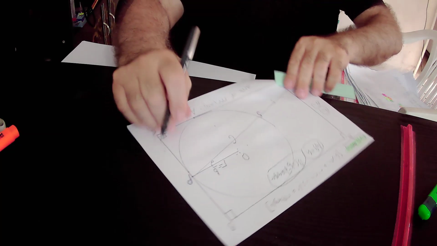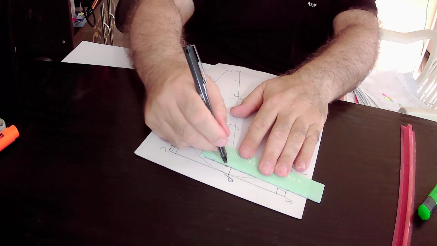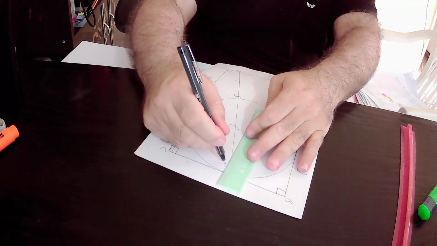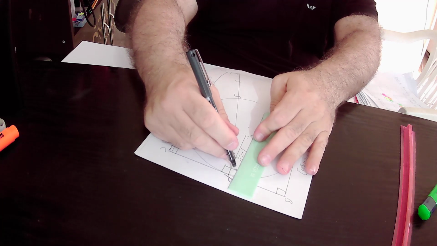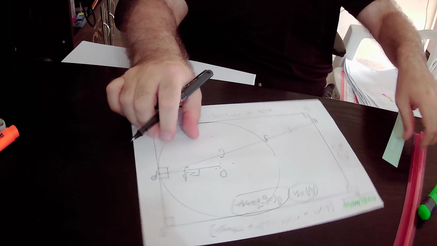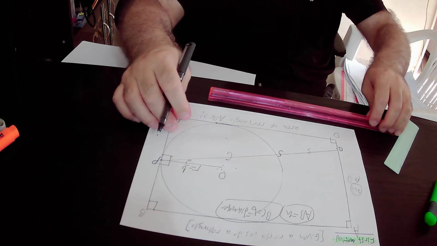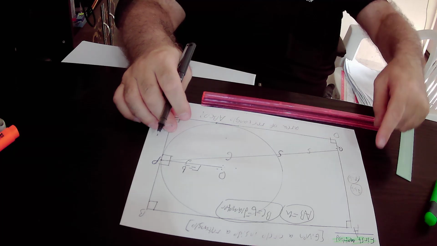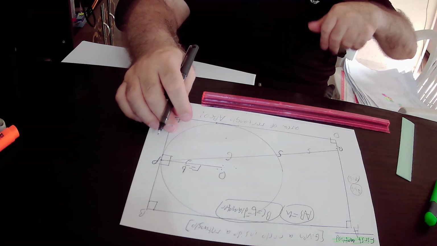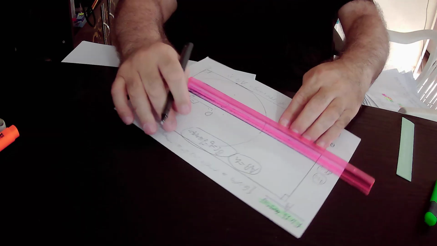And we already found out in the first method, according to rule number 1, that this angle equals 90 degrees and this angle also equals 90 degrees. We'll extend the radius OP until it intersects with side AD of rectangle ABCD.